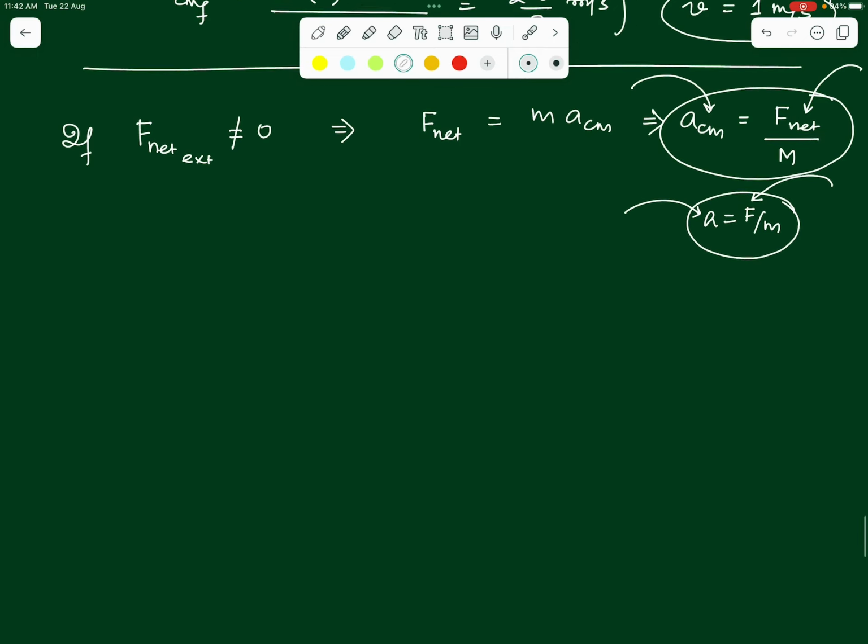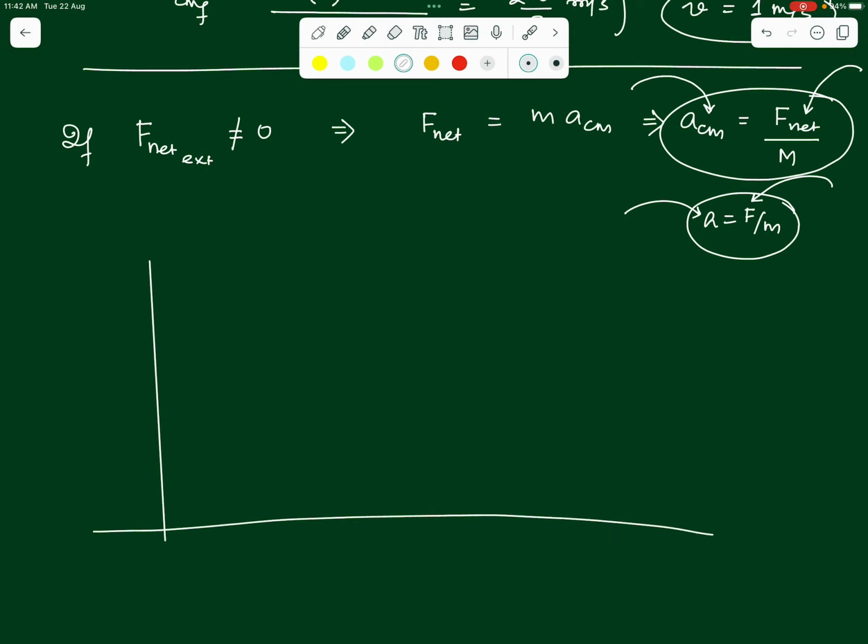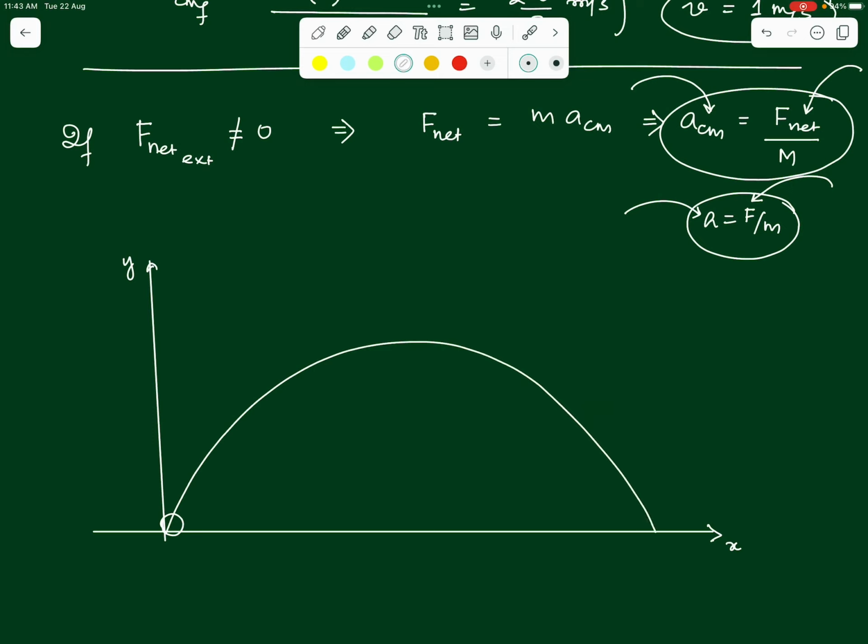Just to give you an example, let's say we have studied projectile motion in the chapter kinematics, right? There we saw that when we project a projectile like this, there is a mass that we project, it undergoes a path like this, a projectile motion, right? Now let us assume that there is this body that we have projected from here of a certain mass, and as it reaches somewhere on its path, let's say when it reaches over here, it breaks into two parts.